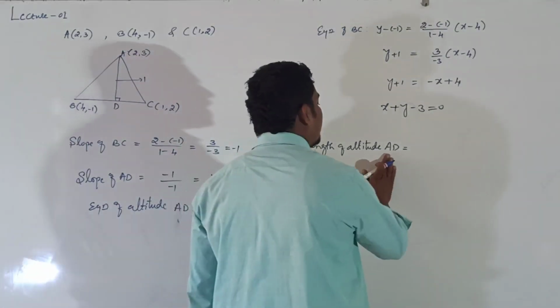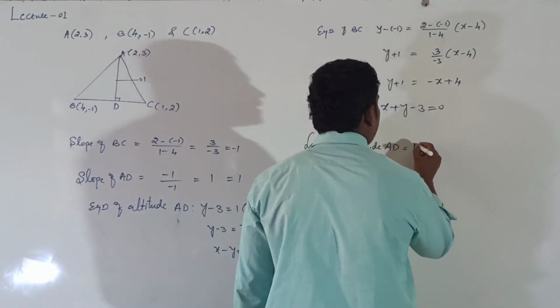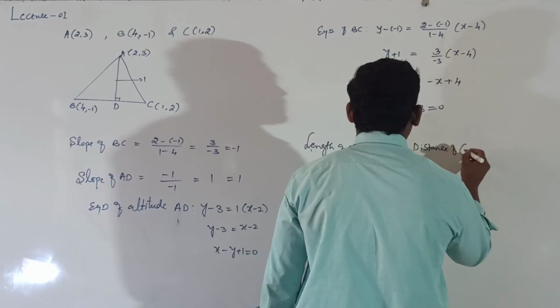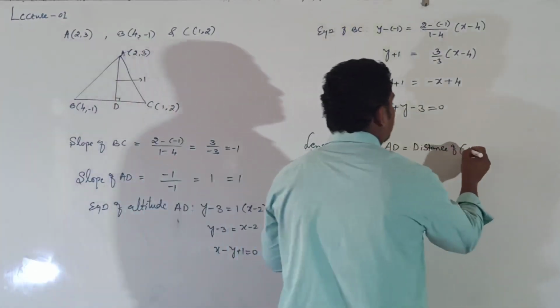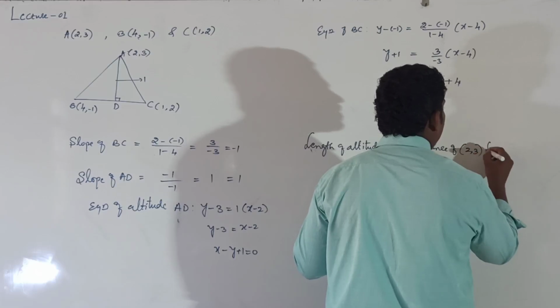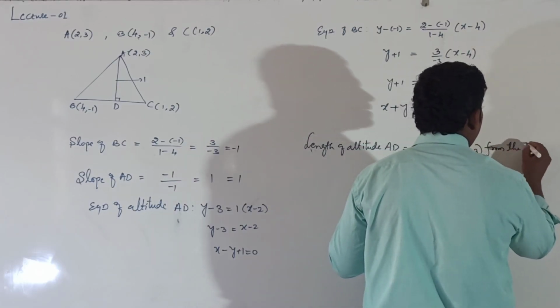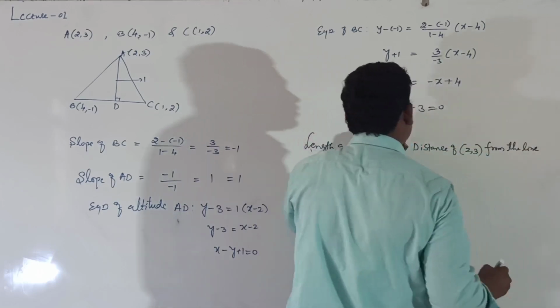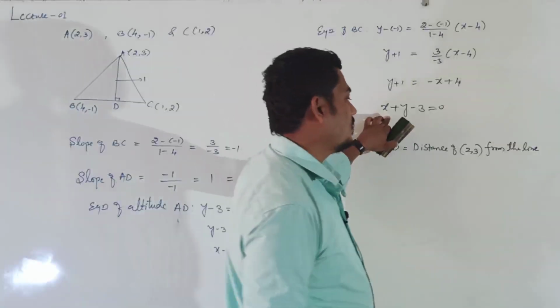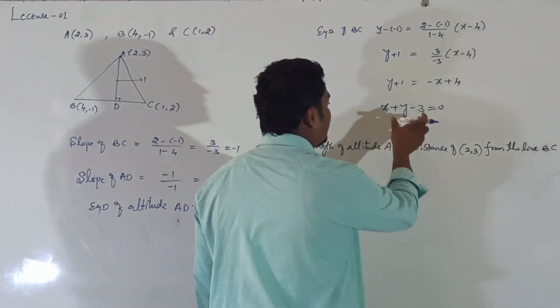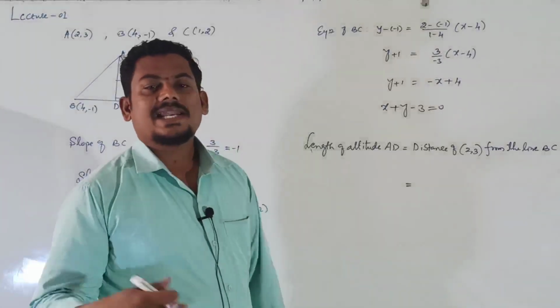Length of altitude AD is nothing but the distance of this point 2, 3 from the line, from which line? From BC line, right? Now you can use the distance between line and point formula.